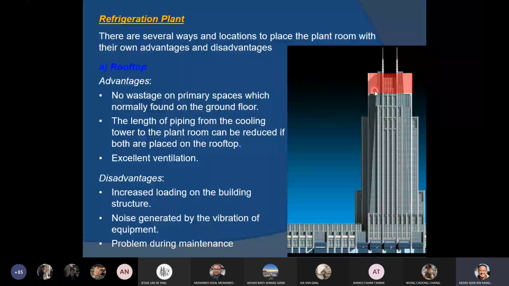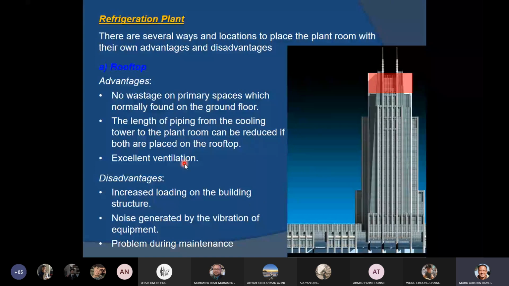So you shouldn't put your refrigeration plant on the ground floor as much as possible. And the line of piping from the cooling tower to the plant room can be reduced if both are placed on the rooftop. Normally that's the case: if you have the refrigeration plant on the rooftop, then the cooling tower is also on the rooftop, just next to each other.